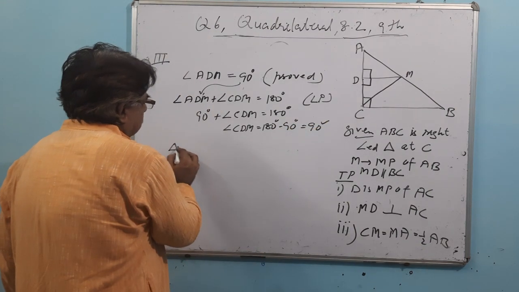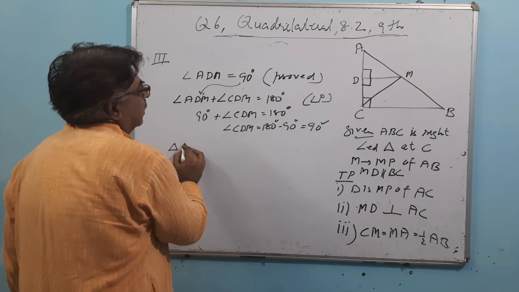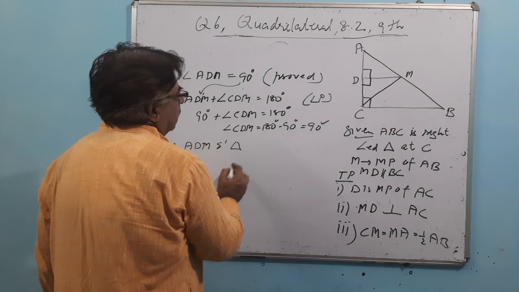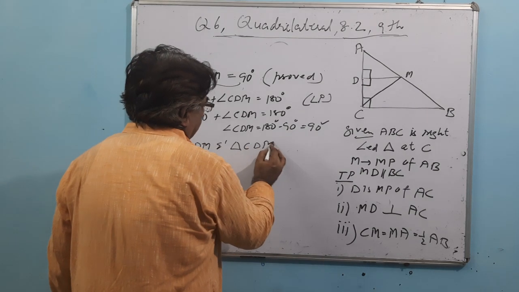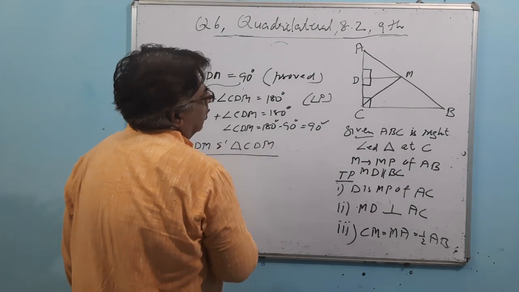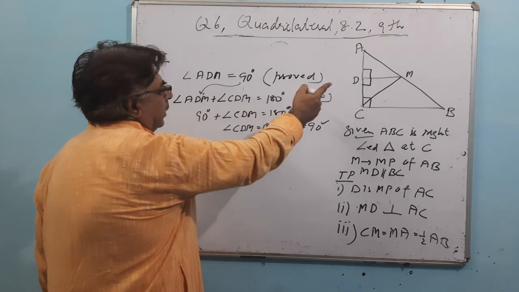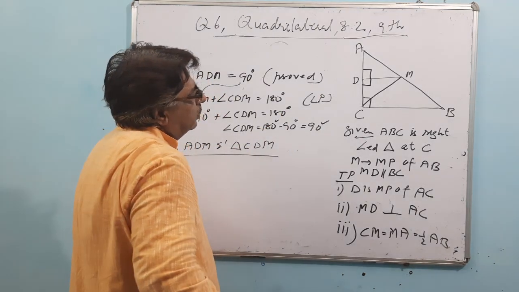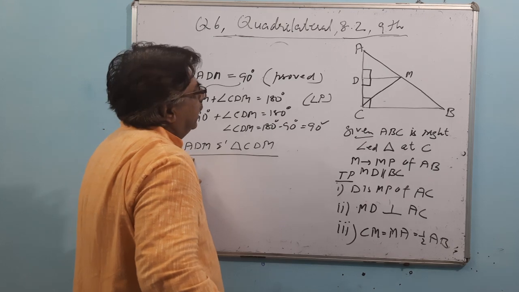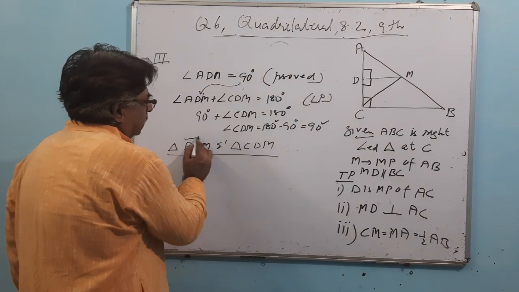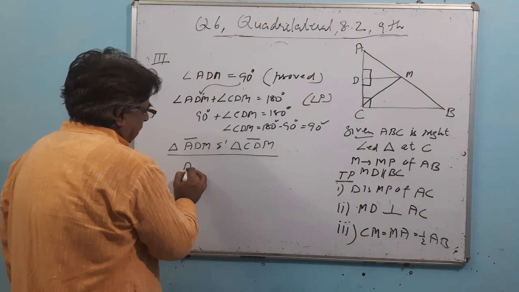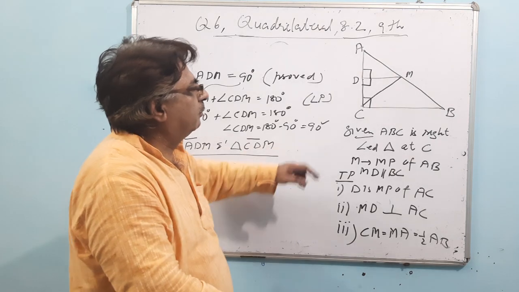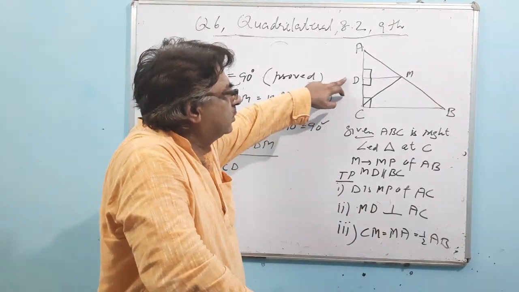Now taking these two triangles, triangle ADM and triangle CDM. D is the midpoint, we have proved already. So AD is equal to CD, because we have proved in the first step that D is the midpoint.